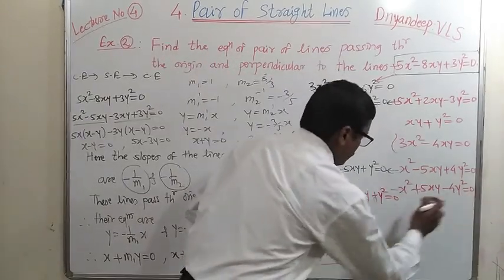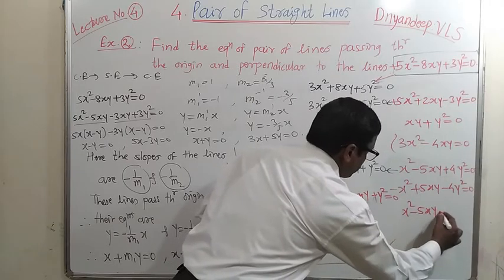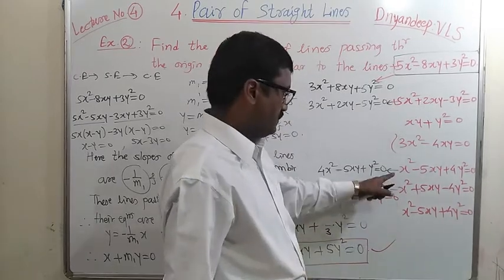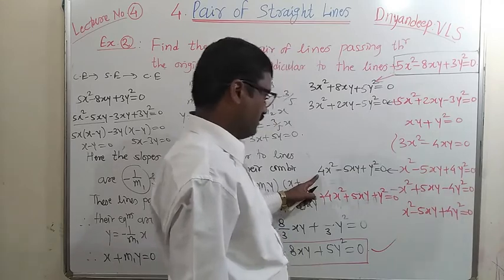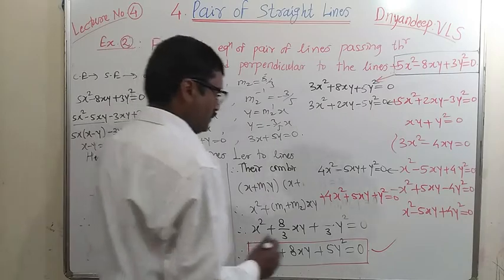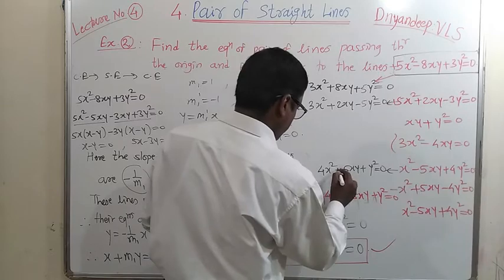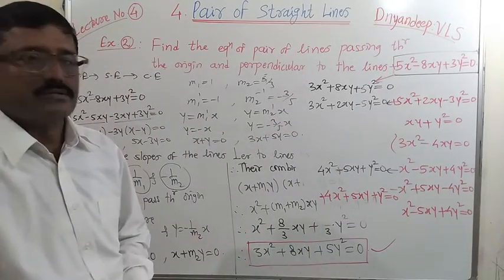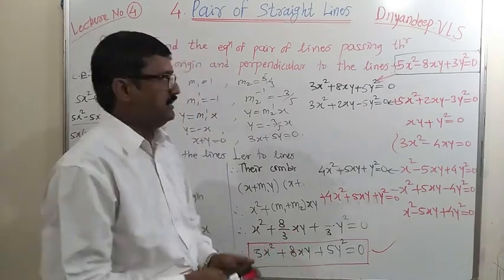Or instead, we get x square minus 5xy plus 4y square equal to 0. That is the same. Both are positive, so this one will be positive, not negative. So that is the trick you can use while solving this example in the CET exam.